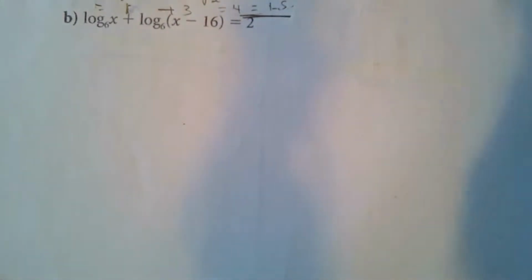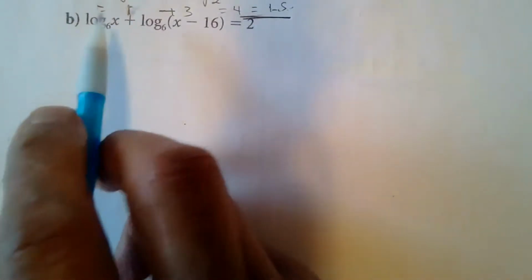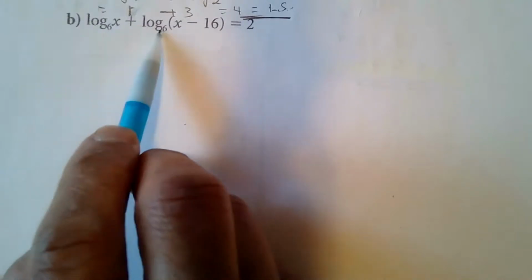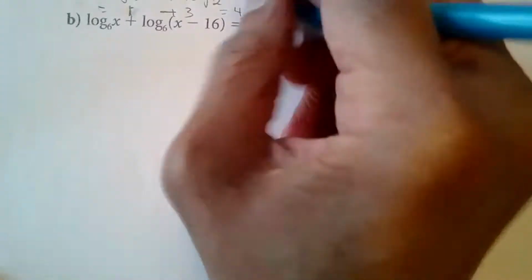So let's look at the last question. We'll repeat the same process as before. Here we have log base 6 of x plus log base 6 of x minus 16 equals 2.